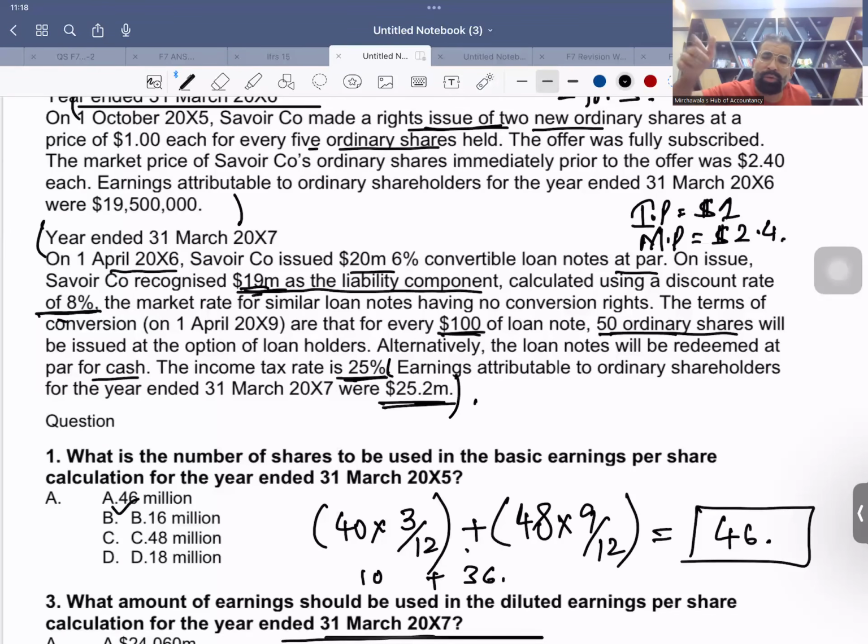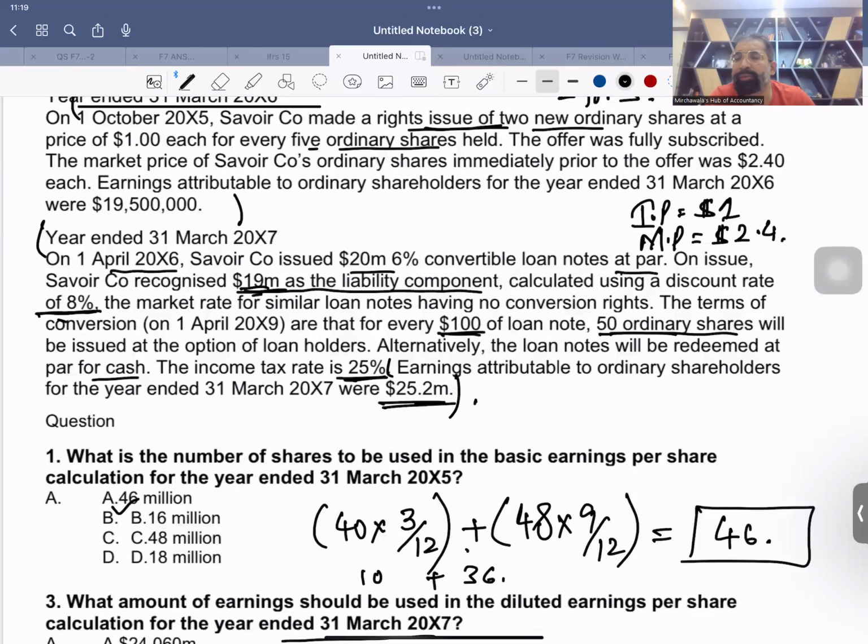Number one, the loan notes will be converted into ordinary shares, so we will have new ordinary shares. Number two, when you convert loan notes into shares, your interest expense will be saved. And when your interest expense is saved, your profit will go up. But yes, you have to pay the tax, so the tax department takes 25%.